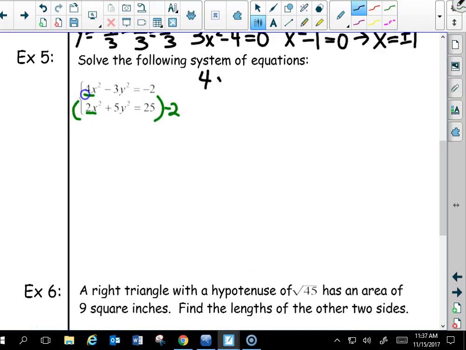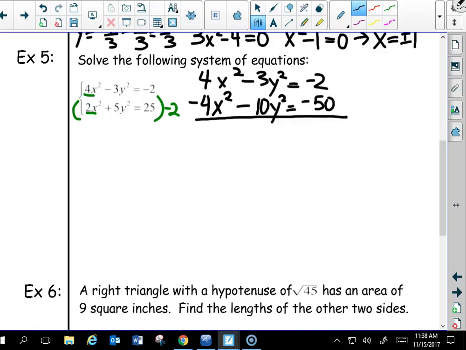So I'm going to do the elimination over here, writing the first equation. And now I'm going to multiply the second equation by -2 so I can eliminate the x squareds. All right, so I get -13y squared equals -52.